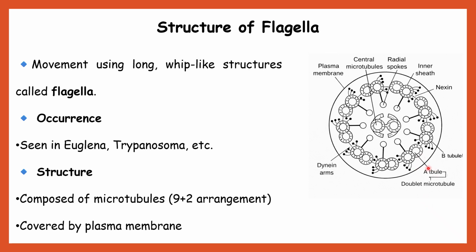From the B microtubule of each doublet, a radial spoke-like structure originates. These 9 doublets are also interconnected with each other, and that interconnecting arm is known as nexin. Along with the radial spokes, they provide internal support and help the flagellum maintain its structure.